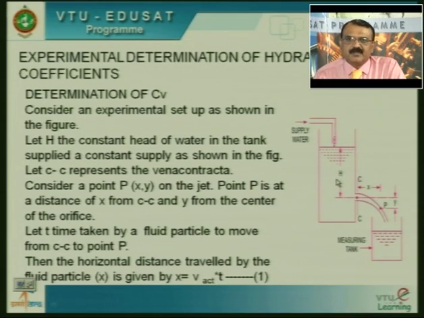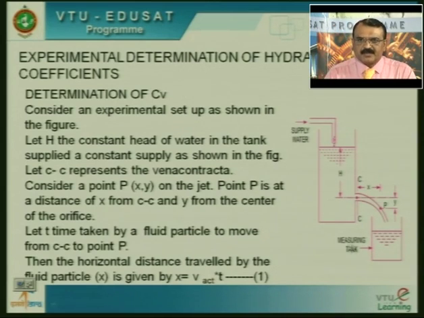For example, I maintain a constant head of H1 equal to 10 centimeter. Then allow the water to flow through the orifice. On the downstream side there is a measuring tank. You know the length and breadth of the measuring tank. The only variable is the depth.